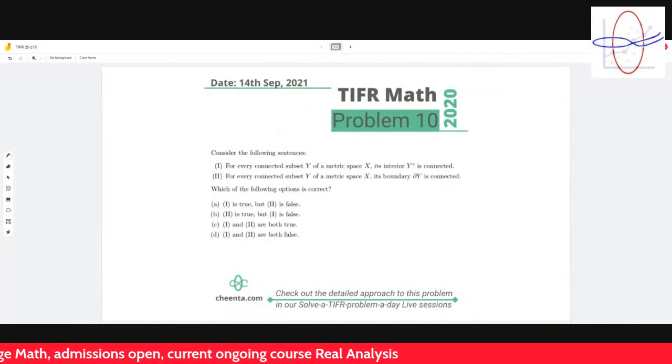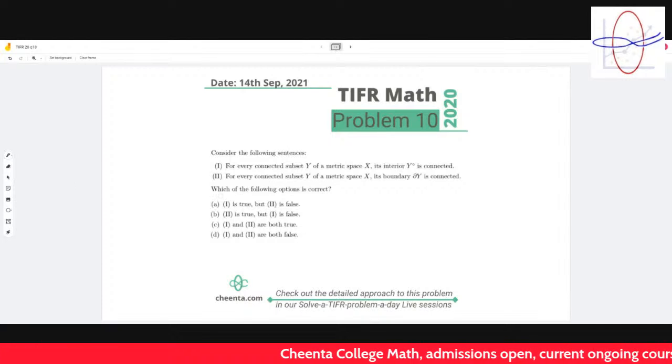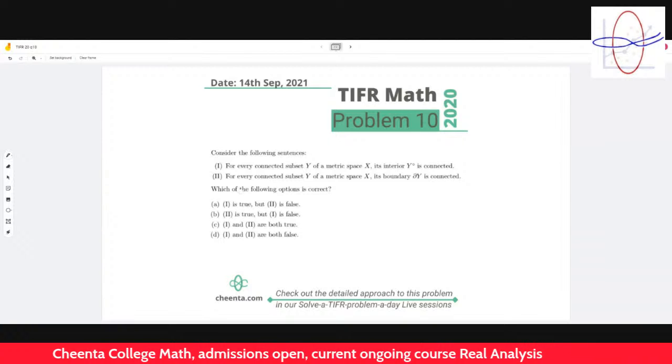That's why the second statement is always false, because the boundary is just {a, b}, and they do not have any connectedness.